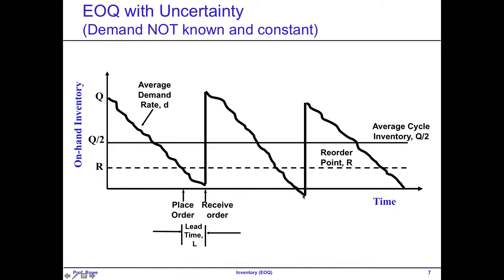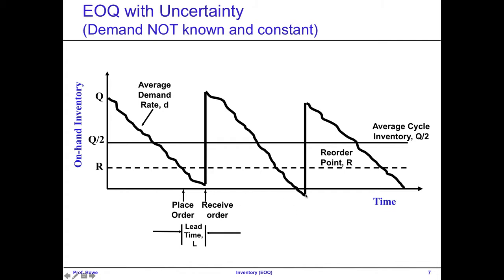Conversely, we could also run into a situation where we had more sales than expected. If we were expecting 100 per period, let's say that we had 100, then 105, and then 110 in sales. That means that we ended up with 105 on average per period as opposed to our 100.